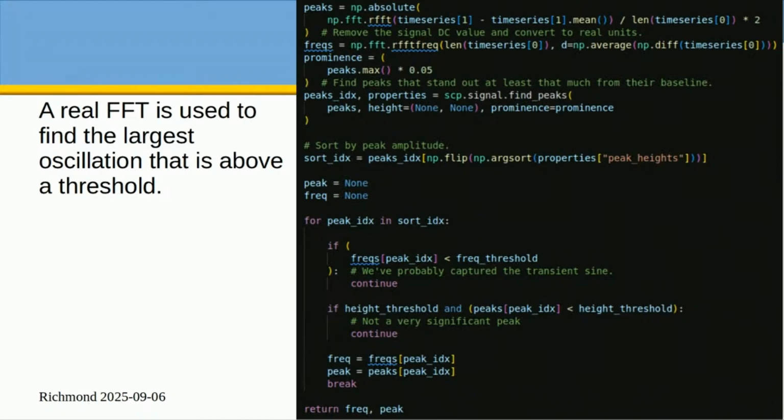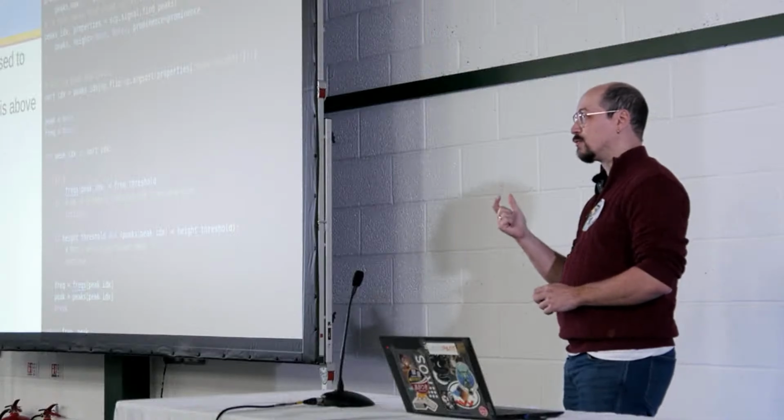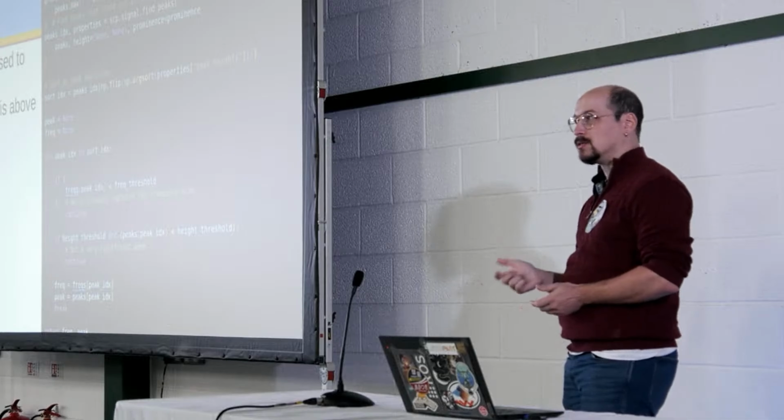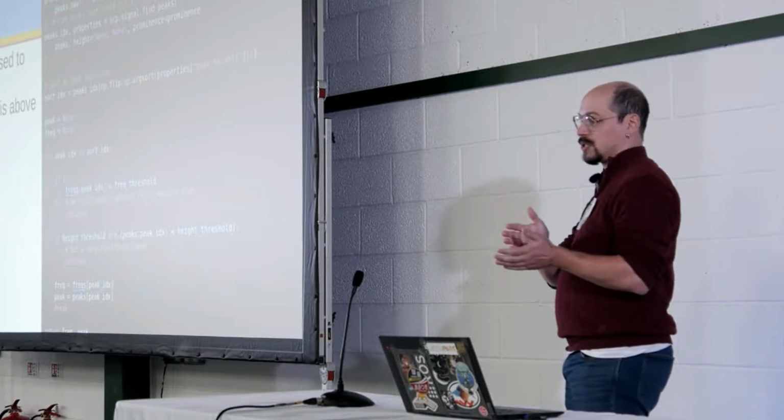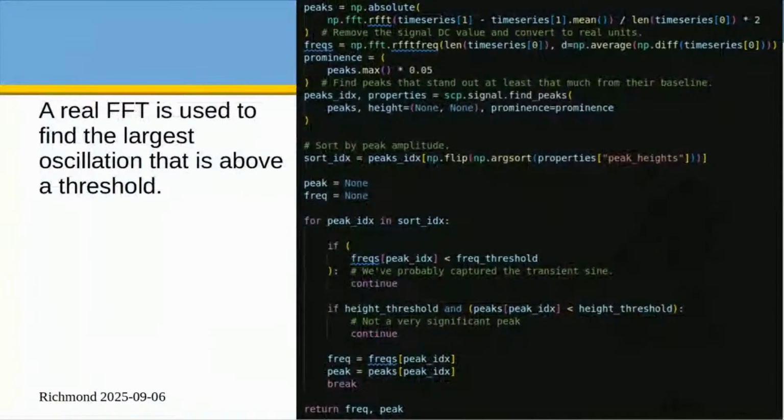It doesn't make sense to detect an oscillation in pitch of 0.1 degree. And don't show me too slow of an oscillation. I think I put the threshold around a fifth of a hertz or something like that. Basically, don't show me transient responses, don't show me their frequency.